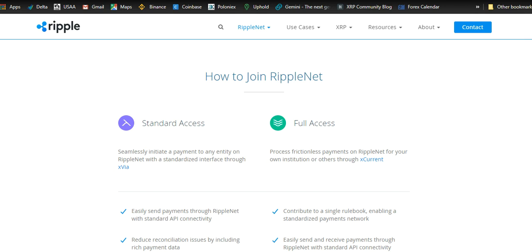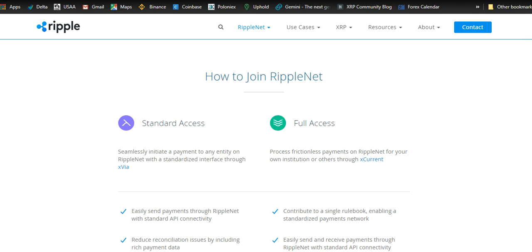So when the funds leave one place, you can actually track the information because it has different data attached to it: the time, the date, how much, the entity that's being sent from, their address and everything. So you can actually track all of this information instead of just sitting back and hoping that the message is received.